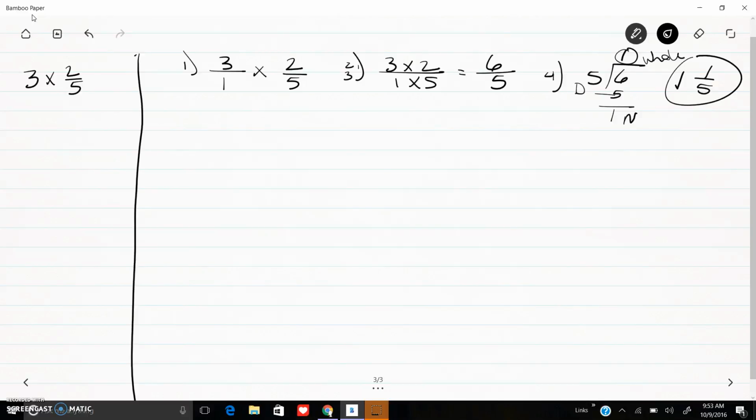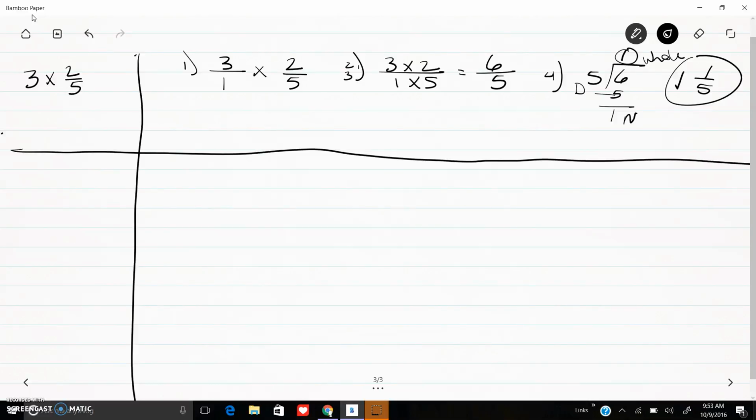All right, let's try another problem. 3/8 times 2/4. I'm going to multiply my numerators, multiply my denominators.